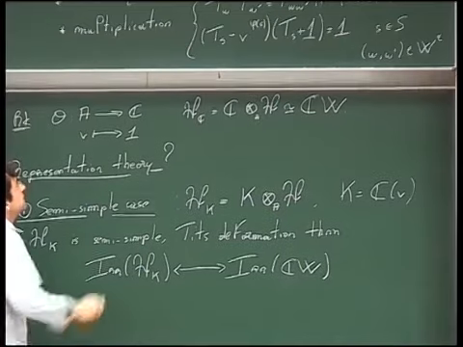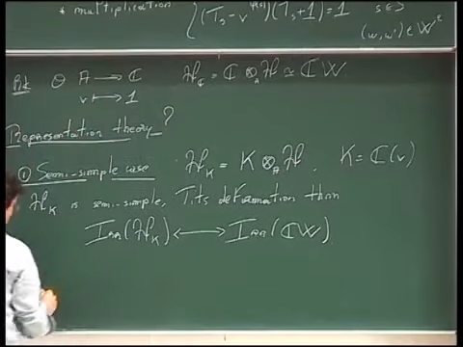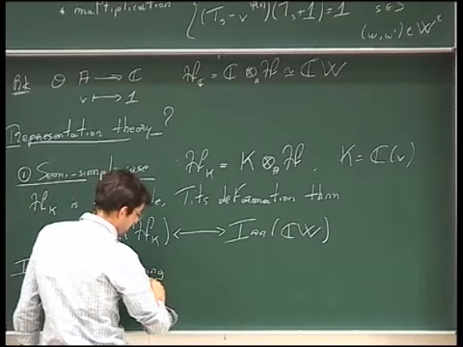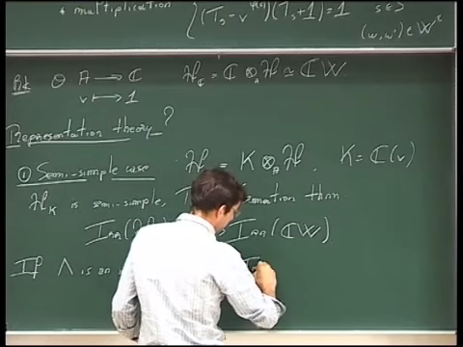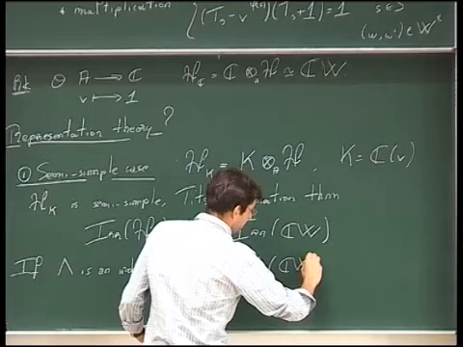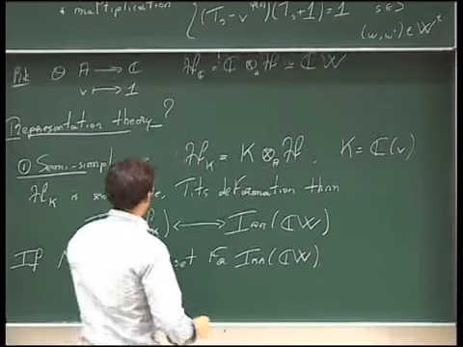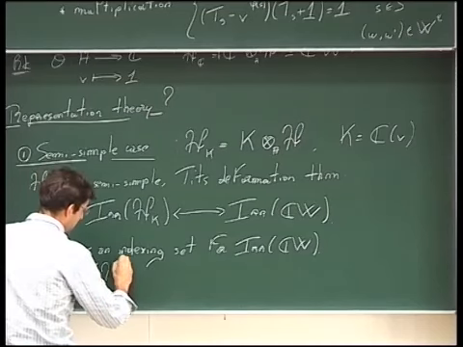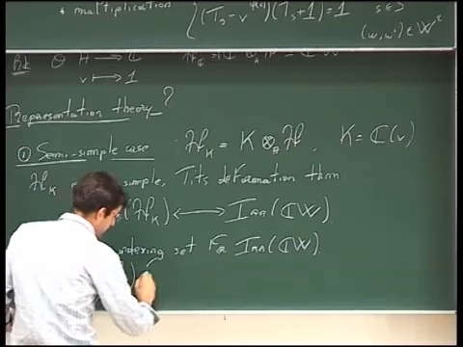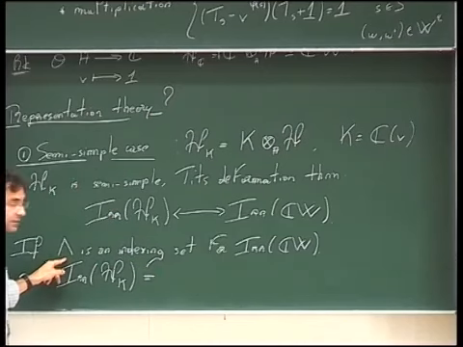So this means that if Lambda is an indexing set for the simple modules of the Lie group, then you can say that the simple modules for H_K are labeled also by this set.